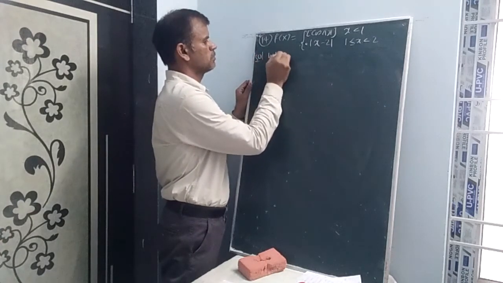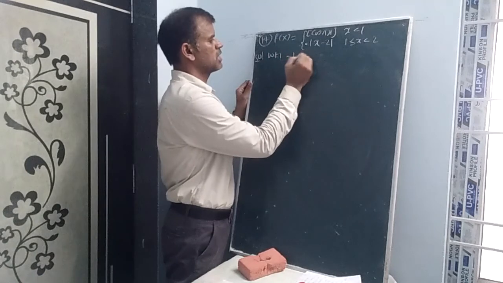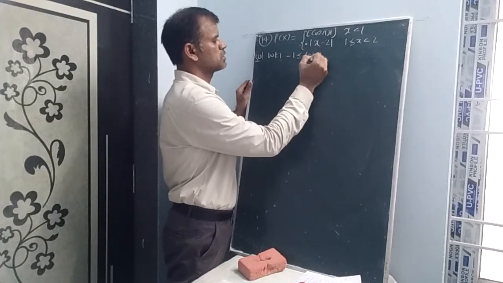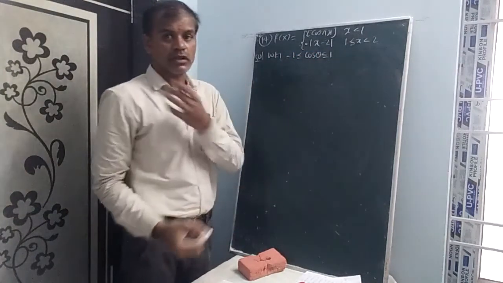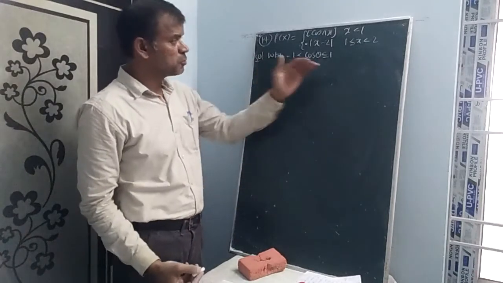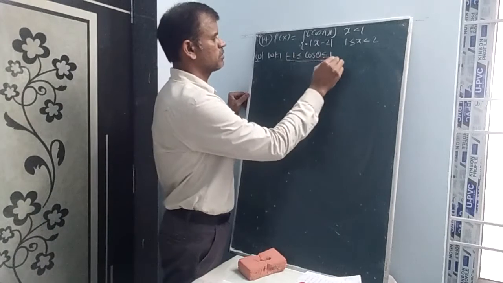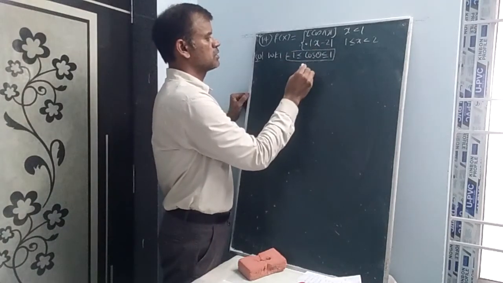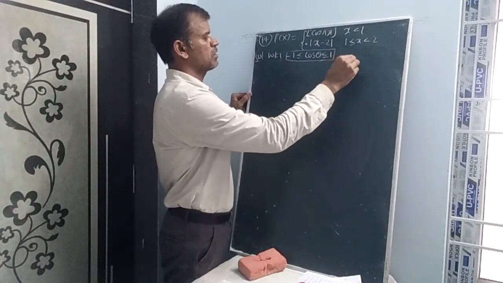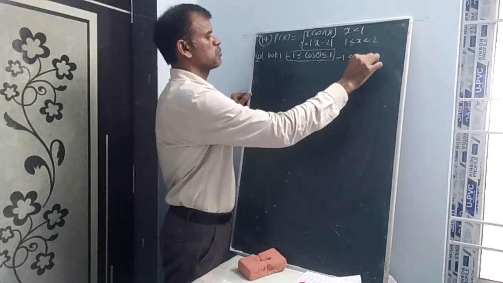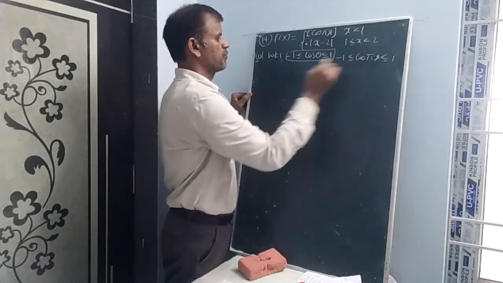We know that minus 1 less than or equal to cos theta less than or equal to 1. According to step cos pi x, we need to verify everything. Similarly, minus 1 less than or equal to cos pi x less than or equal to 1.